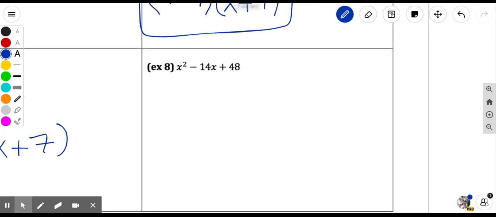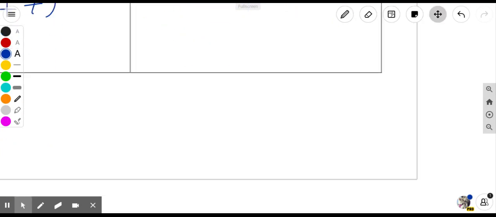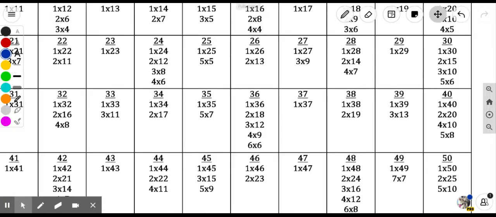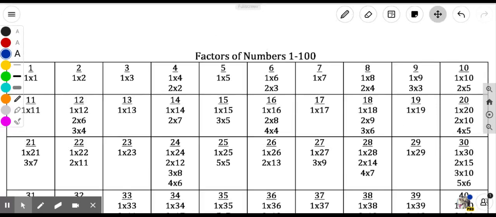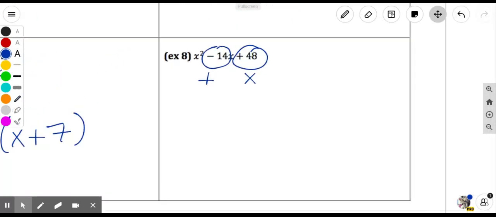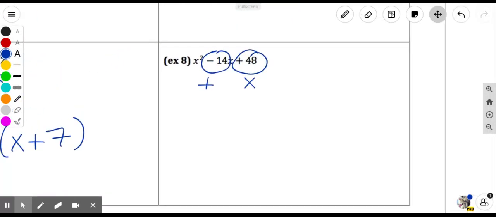Okay, and then this last one, again, we want them to multiply to 48 and we want them to add to negative 14. So let's look at the factors of 48. Right here, quite the long list. This one was multiply to positive 48 and add to negative 14.